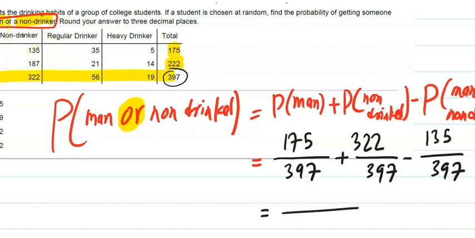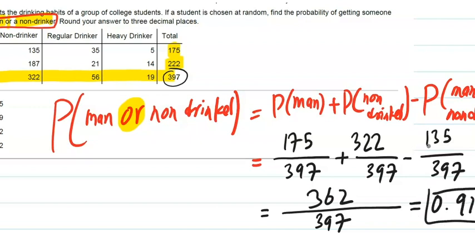So now with 397 as the common denominator, if you add 175 with 322 and subtract 135, you get 362 divided by 397. Of course, when you divide that, you get 0.912. That's the probability of man or non-drinker, which is going to be D.